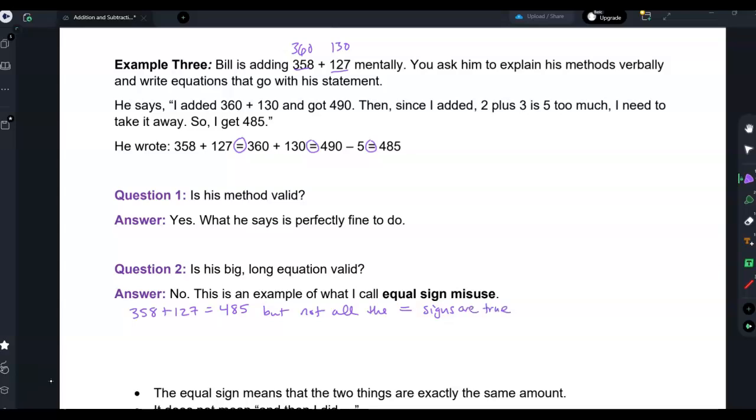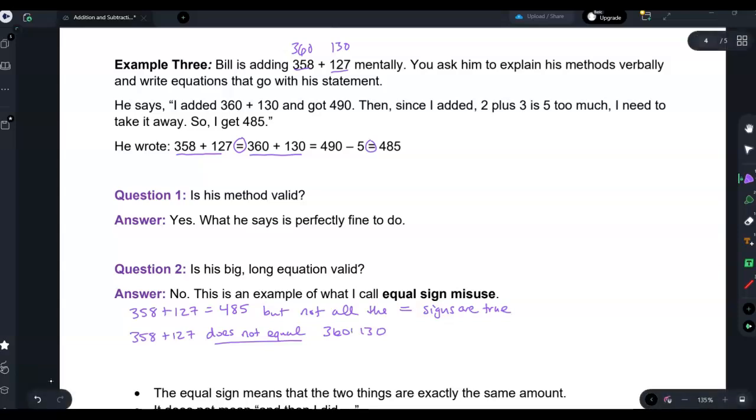If you look at that first set of expressions with an equal sign, you've got this expression equals this. That's not true, right? 358 plus 127 does not equal 360 plus 130, right? He essentially rounded up, and those aren't equal.